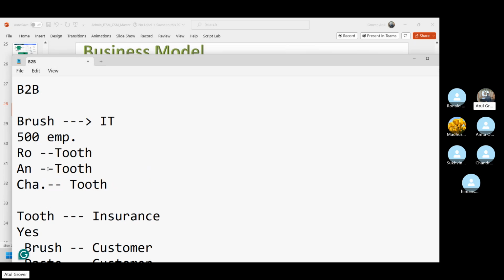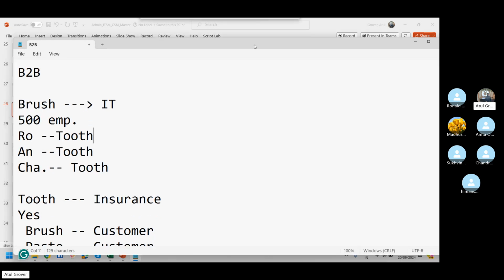After 7 or 8 days, these 3 get an email from the Tooth company: if you want to get a top up of your insurance for your family member, please give a call. Now, Ronald called the Tooth company.